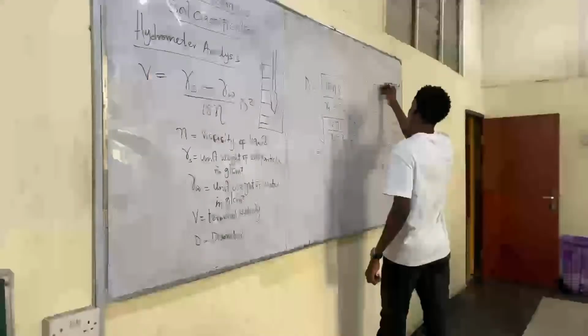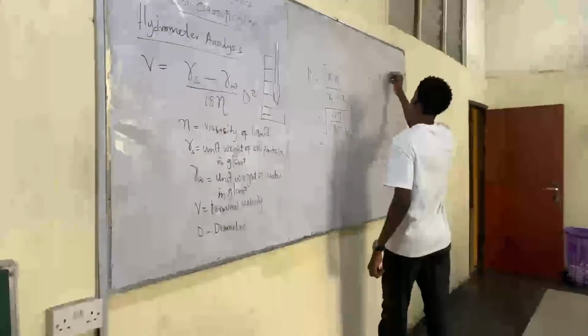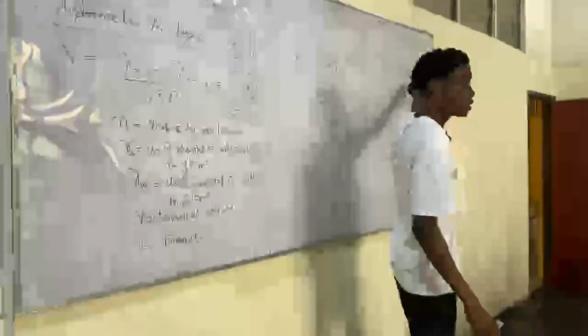So now the unit weight of solids is also G, remember, the specific gravity of solids, and then the unit weight of water is this.